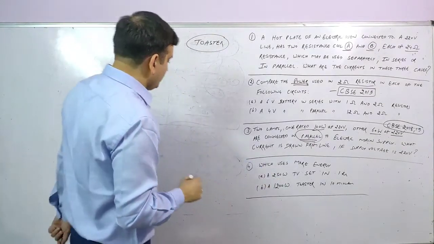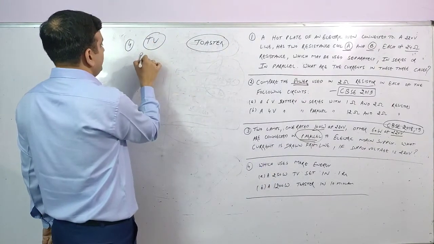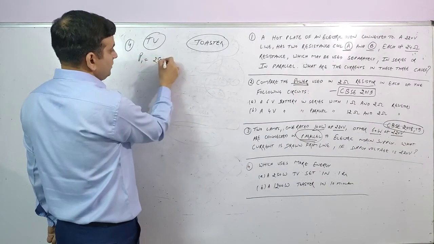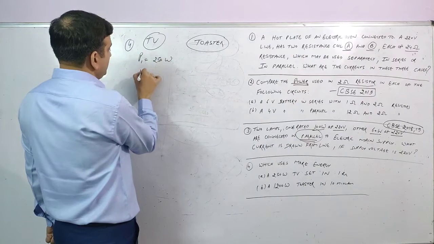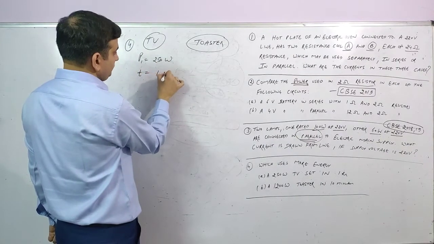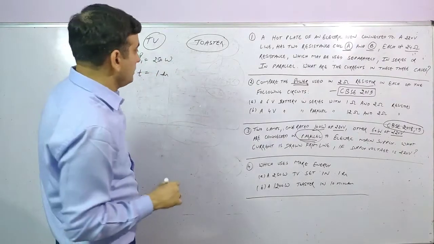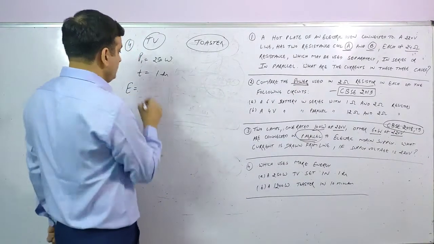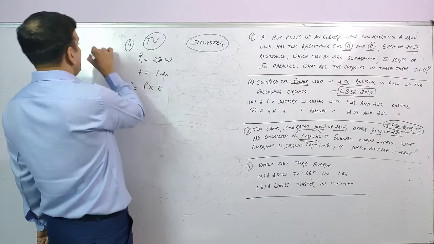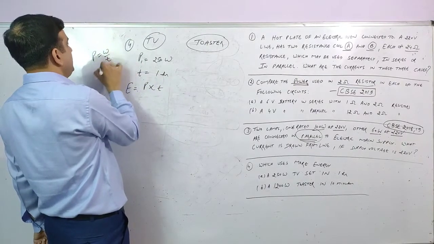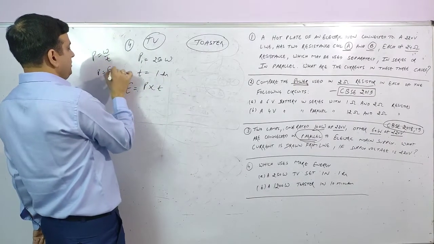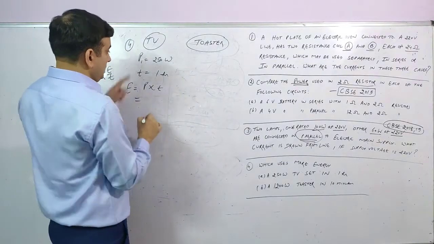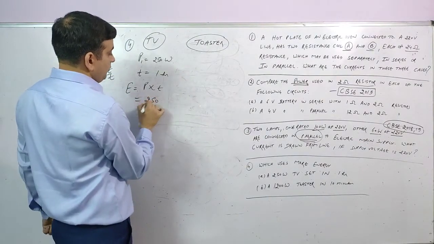A 250 watt TV. So the power of the TV is given, I am taking TV as 250 watt, and the time is given as 1 hour. So we have to calculate how much energy they are consuming. The formula for energy is power into time. You already know P is equal to W by T or P is equal to E by T. So E is equal to P into T. So what is the power? 250.